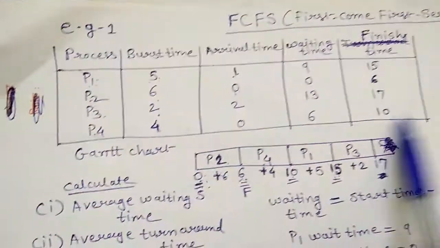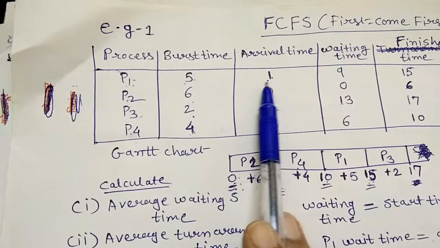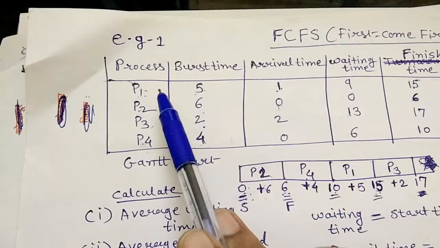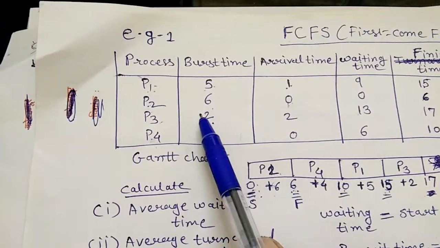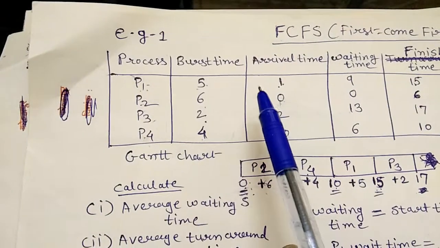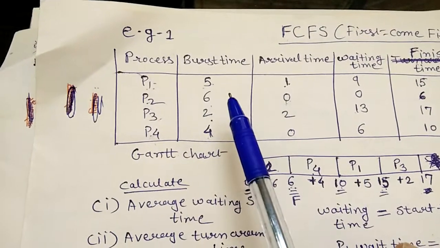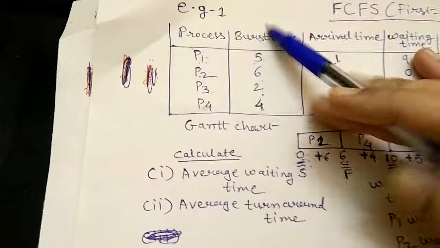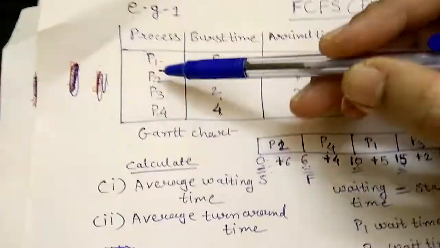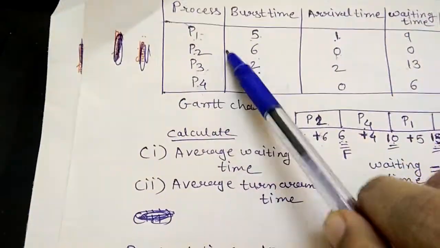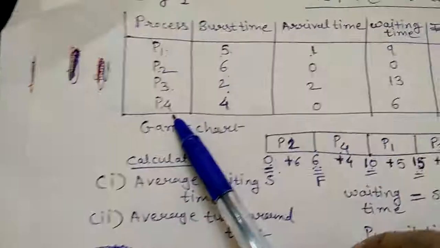This is the table that describes the required time slots for each process. The processes are P1, P2, P3 and P4.